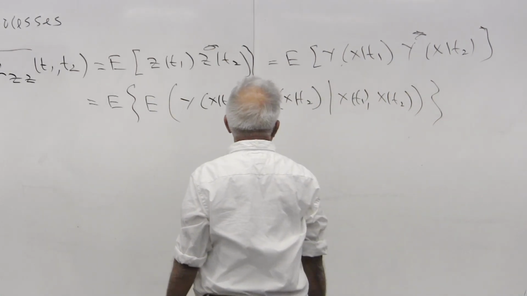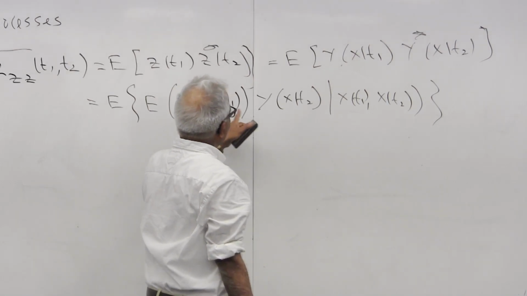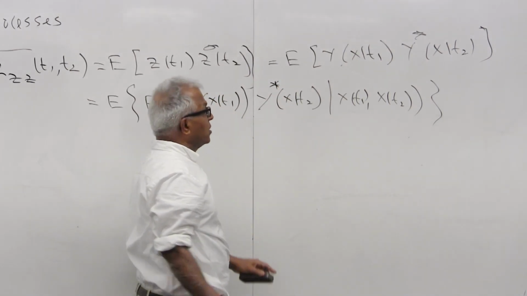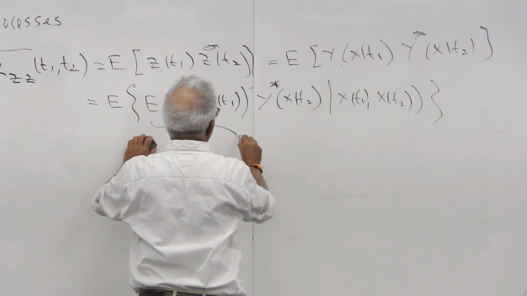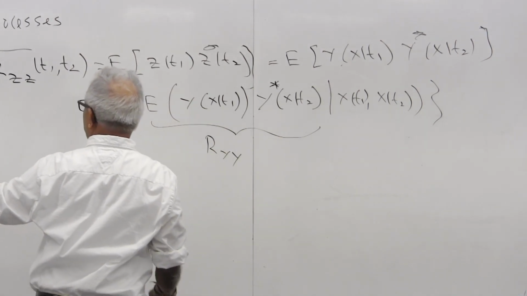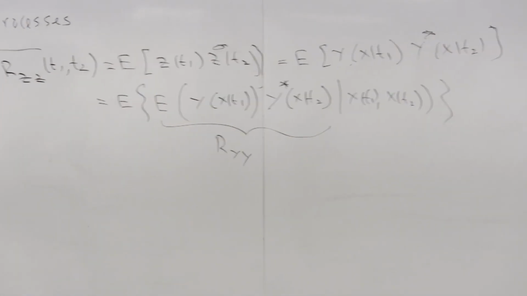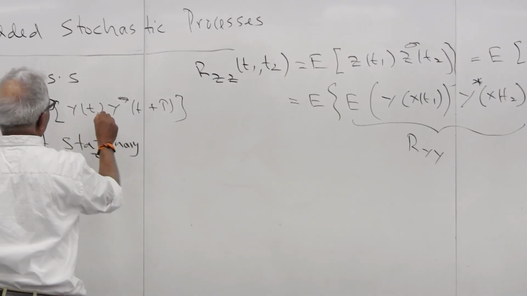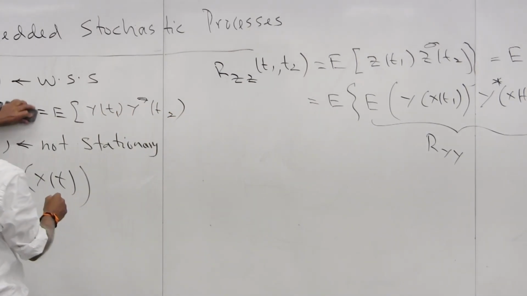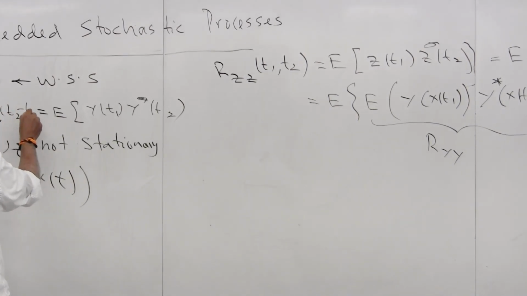So let's look at the inner expectation. For a given x(t1) and x(t2), we can write this as R_YY. If this is t1 and this is t2, then this is t2 minus t1. That's the wide-sense stationarity.